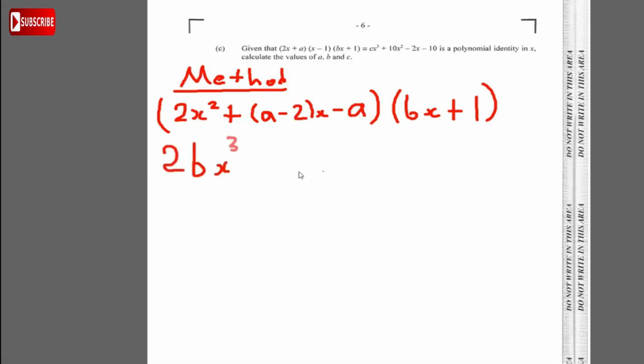And this times this is plus 2x squared. And this time this is going to be plus b times a is ba minus 2b. This is now (ba - 2b) times x squared.